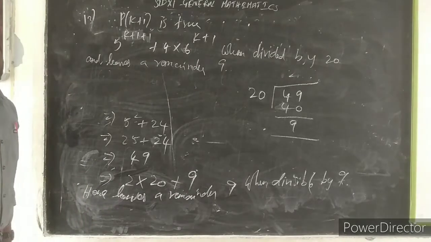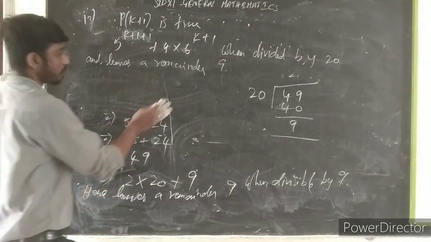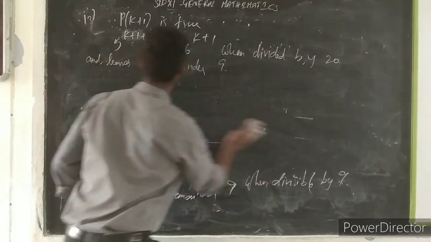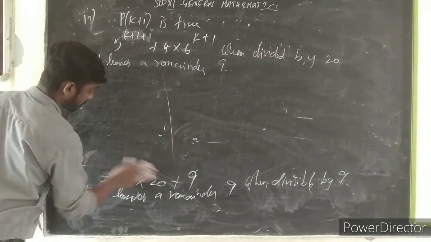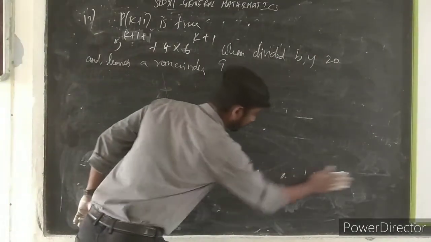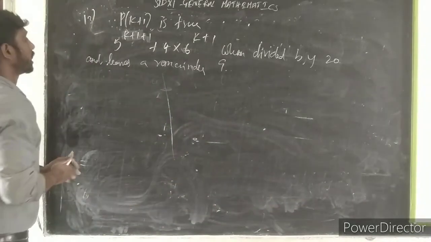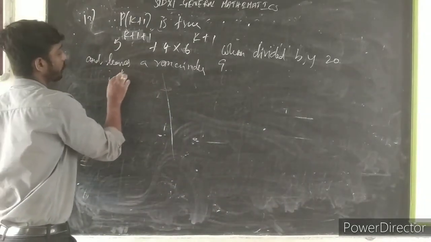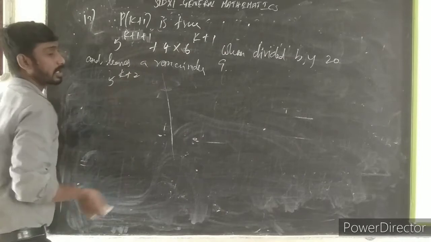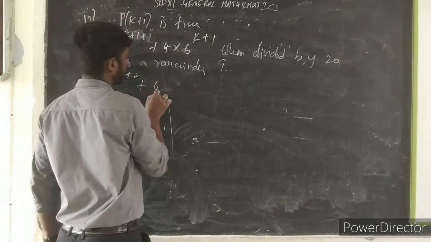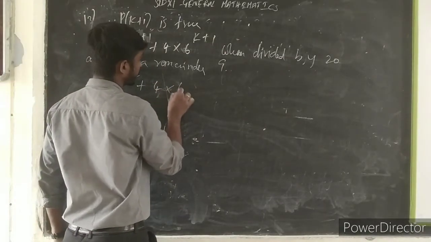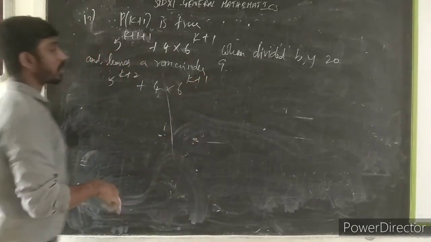What are the values that we are having here? Now comes 5 power of k plus 2, because 1 plus 1 will be 2, plus 4 into 6 power of k plus 2.